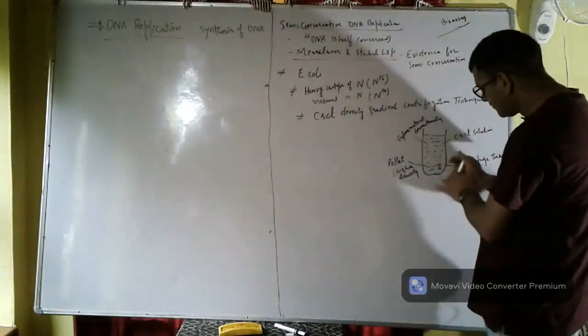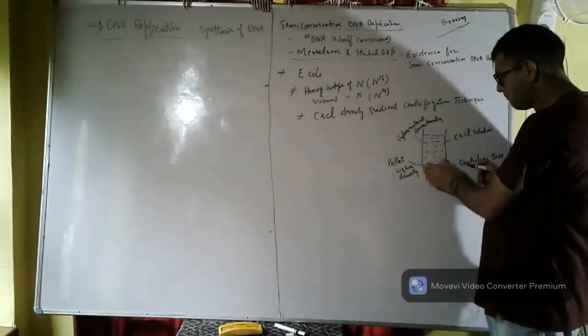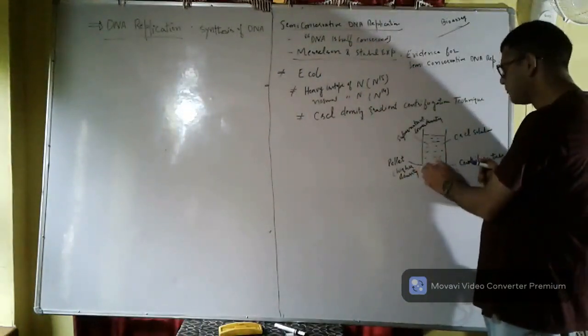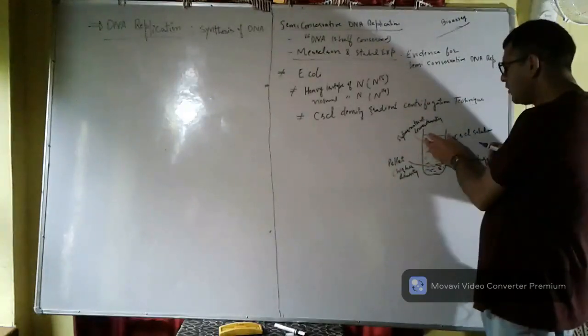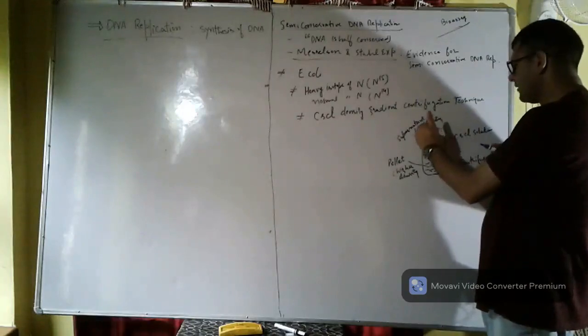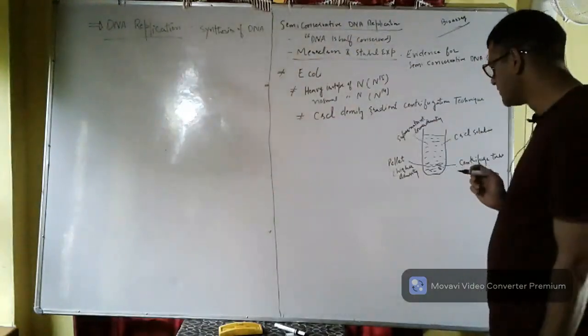The solution of cesium chloride in the pellet has higher density, and the solution present in the supernatant part of the centrifuge tube has lower density.